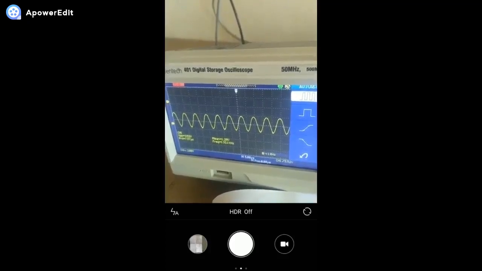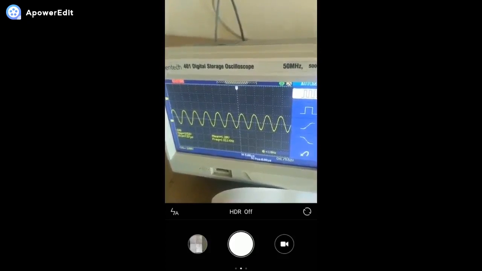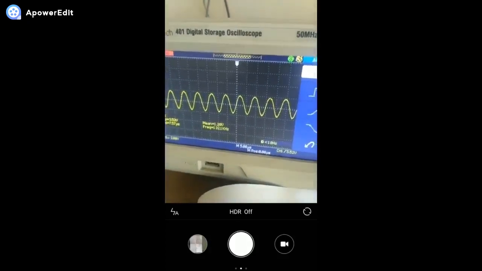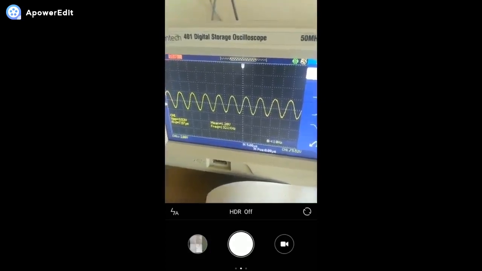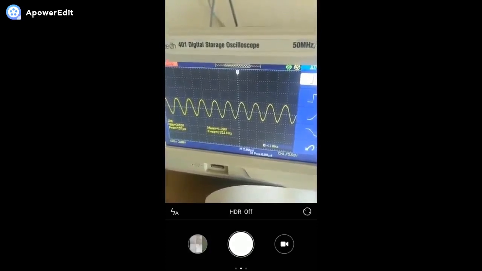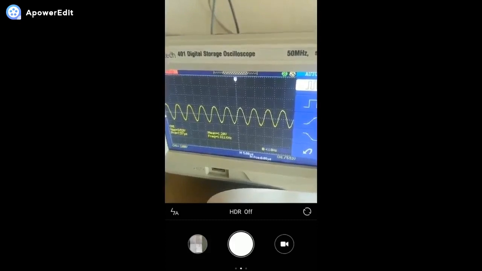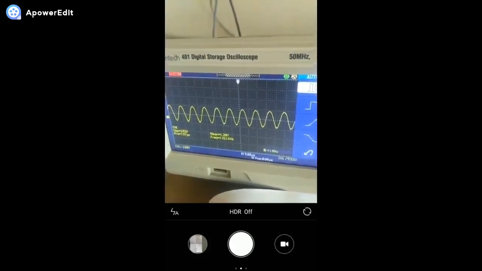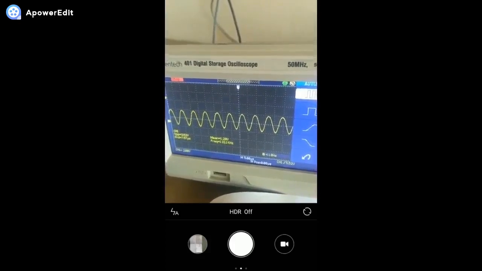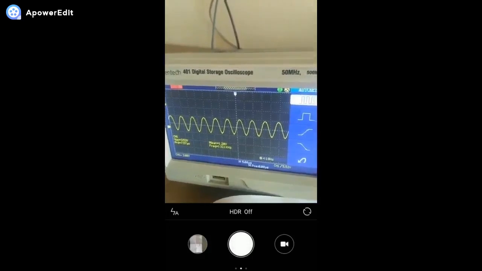That means the theoretical frequency value is 100 kilohertz and the practical frequency value is 132.1 kilohertz. So this practical value is nearly equal to the 100 kilohertz theoretical value. This is the final sinusoidal signal of the Colpitts oscillator circuit.